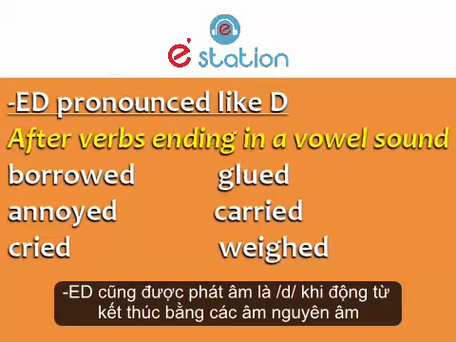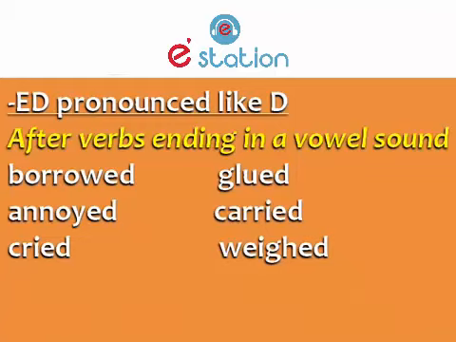Ed is pronounced like D after verbs ending in a vowel sound. Borrowed, annoyed, cried, glued, carried, weighed.